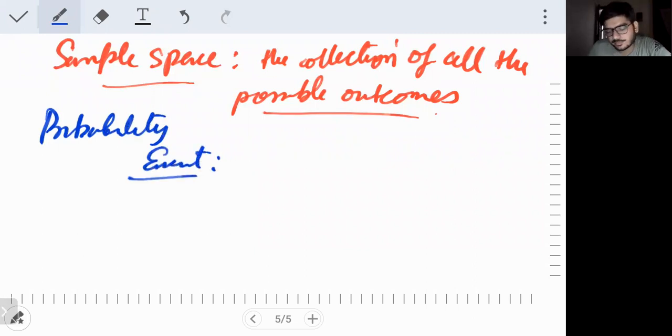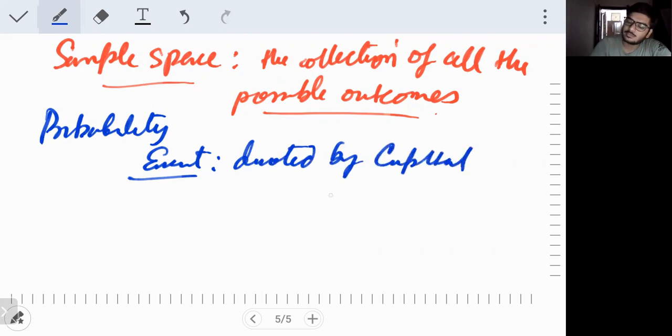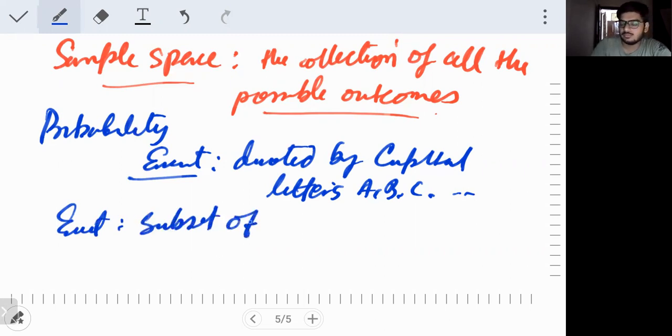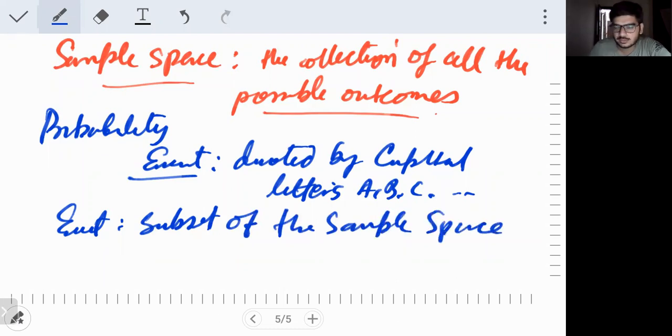What is an event? An event is always denoted by capital letters. If we have to define an event, it is just defined as a subset of the sample space.